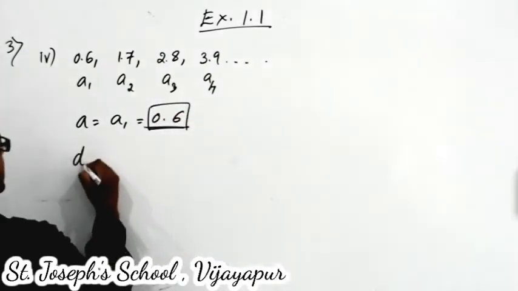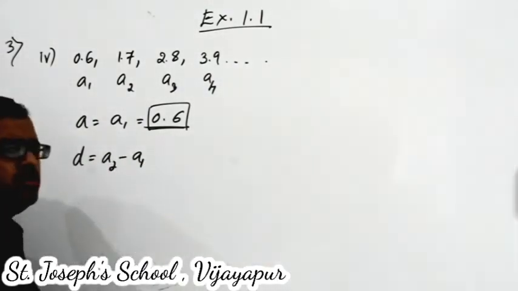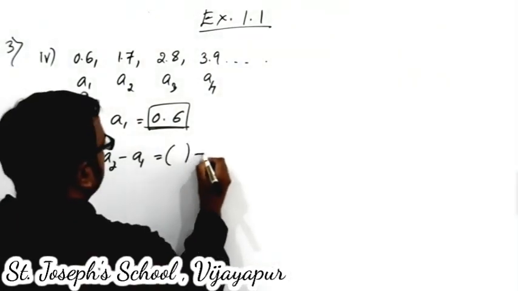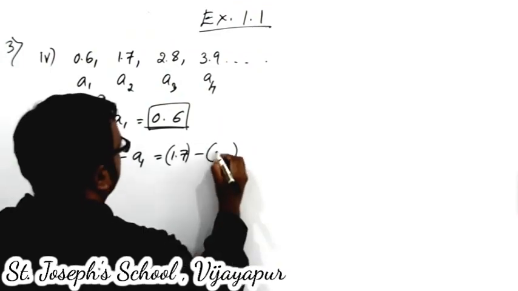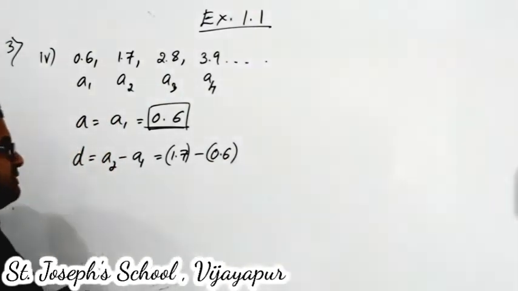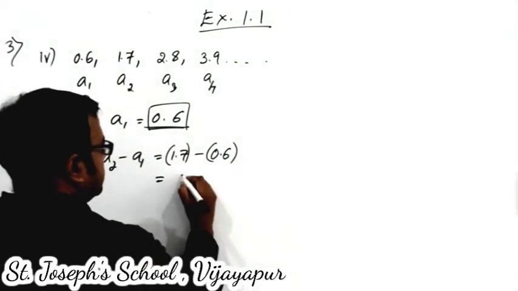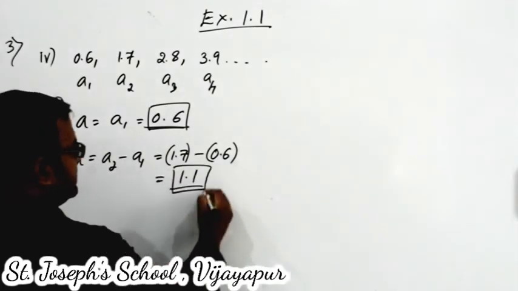And similarly D. D is nothing but A2 minus A1, or you can choose A3 minus A2 or A4 minus A3 also. A2 minus A1: what is A2? 1.7 minus 0.6, that is equal to 1.1. So that is our D.